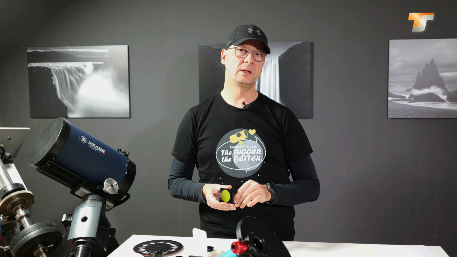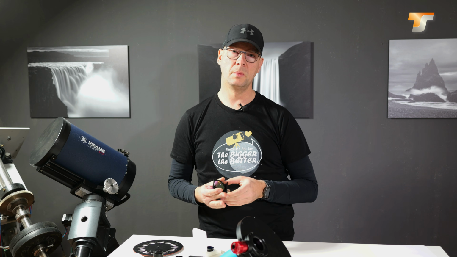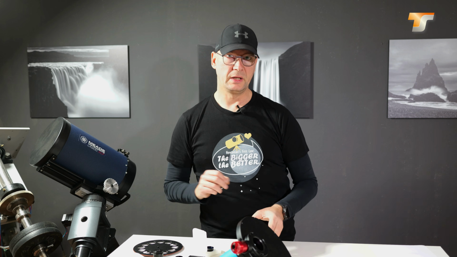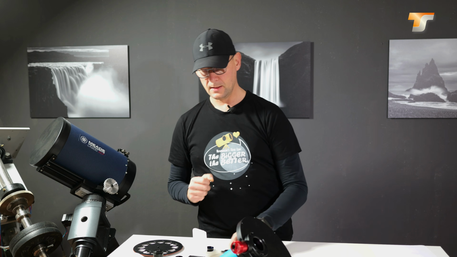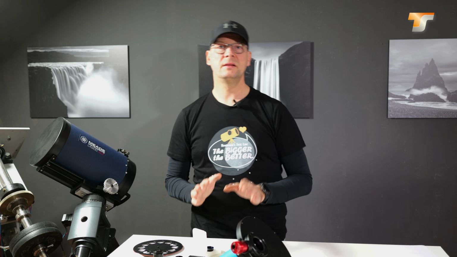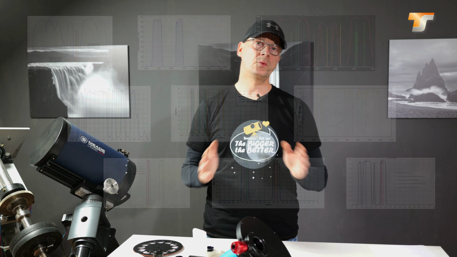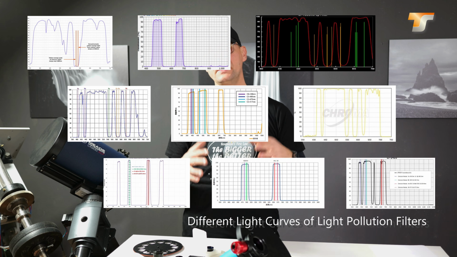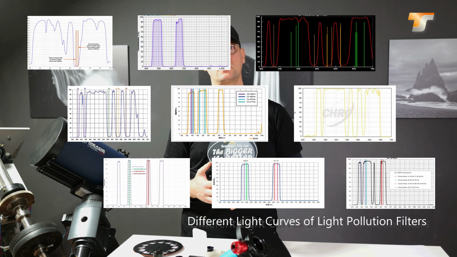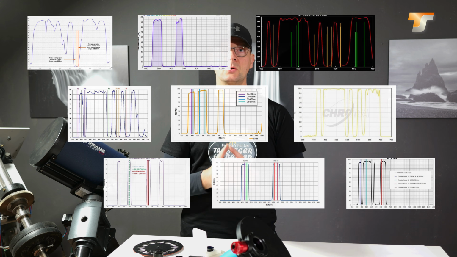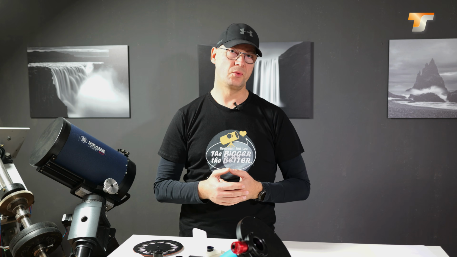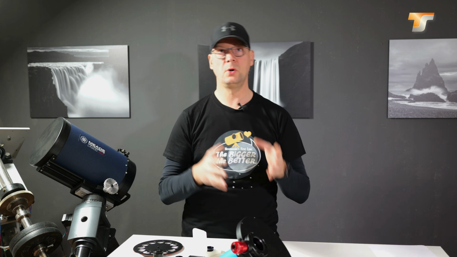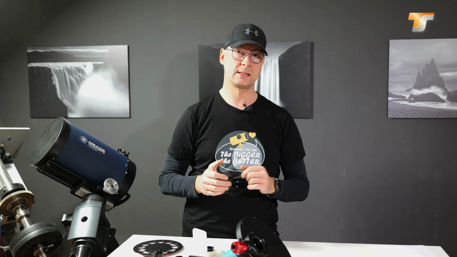Most of the time it's not that much, so you can easily overcome that color shifting effect in post-processing. And as mentioned, there are many different filters available. I would recommend you look at the spectra of the filter, that bandpass spectra, to see what these filters can do for you. So what portions are blocked, which portions will be passed.